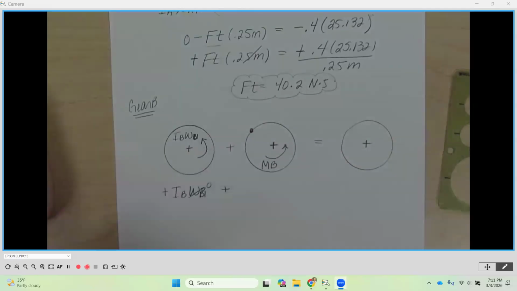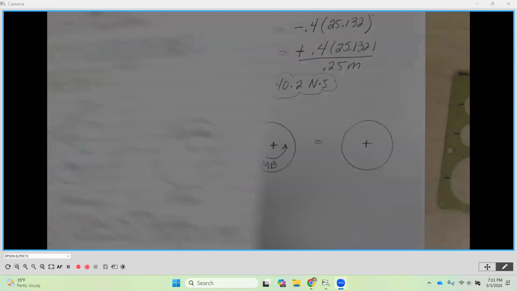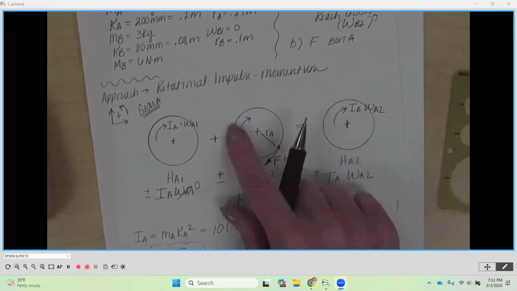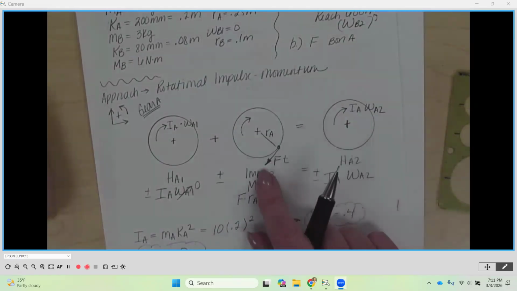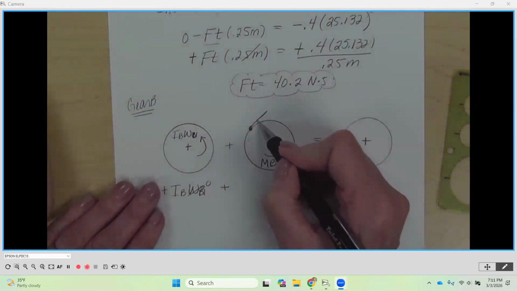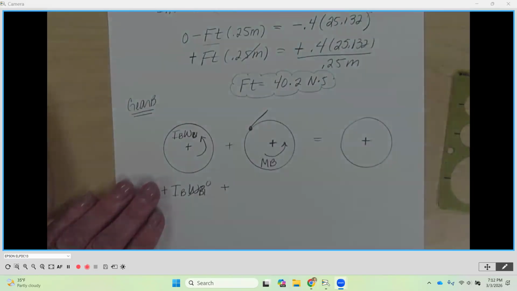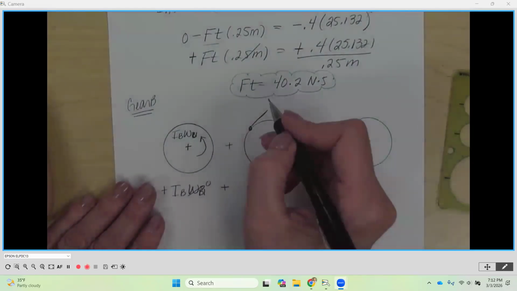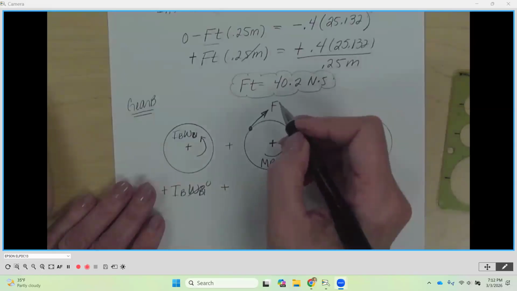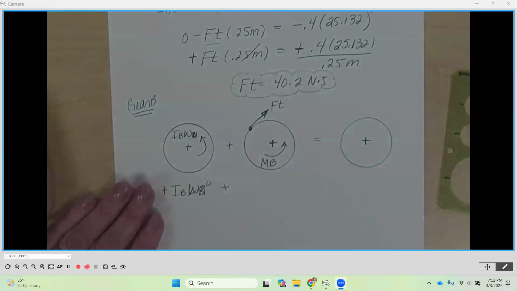So that means that if you recall, we had our force going down and to the left. This was the driven gear, okay? The driver, the force is going to be perpendicular, but it's going to go in the opposite direction of rotation because it's like it has to push A out of the way. So it's feeling A pushing back on it. So this is going to be F times T.